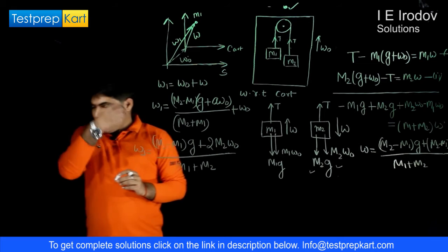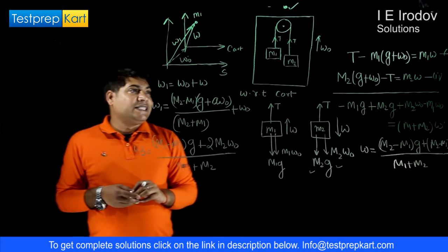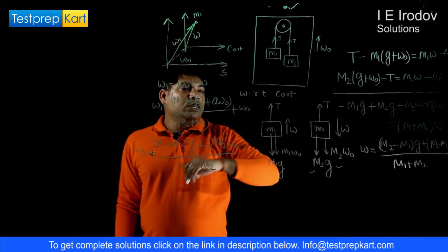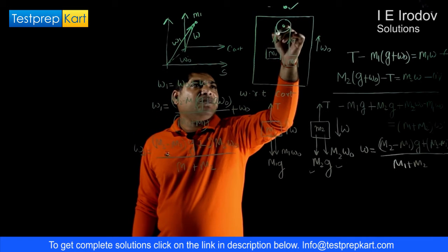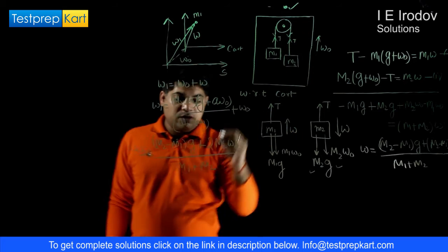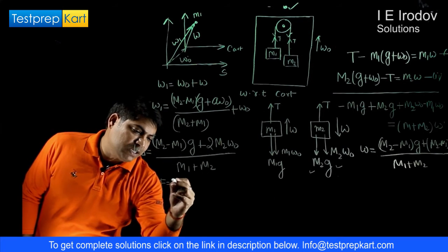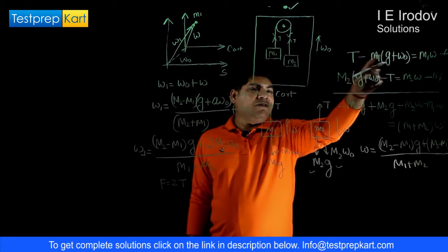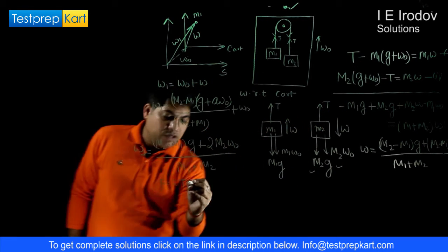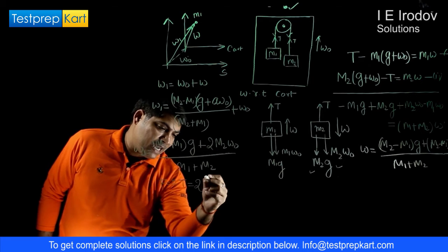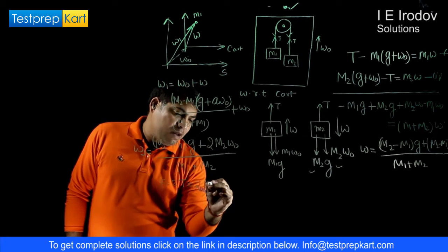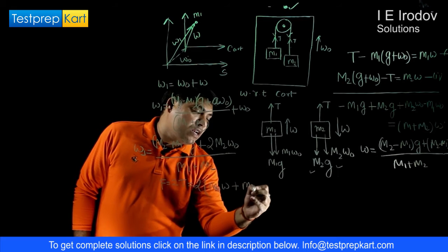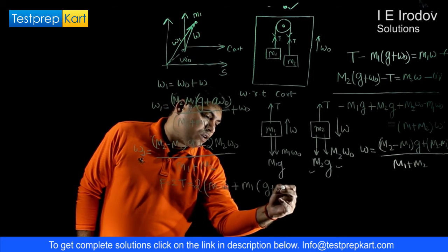Now the second part is the force exerted by these blocks on this pulley shaft. If we look at the free body diagram, then the net force is 2T. So our objective force is 2T here, and from equation number 1 we can figure out T. So if we look at equation number 1, then we can write 2 times (M1 omega plus M1 into (G plus omega naught)).